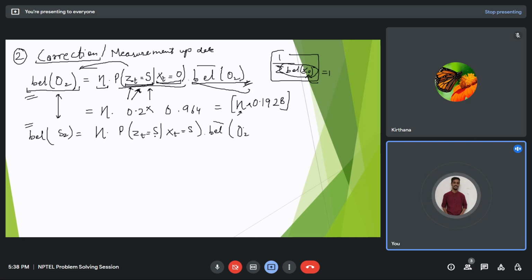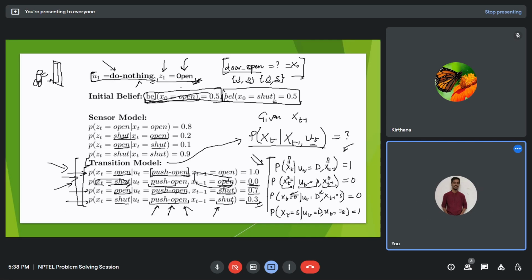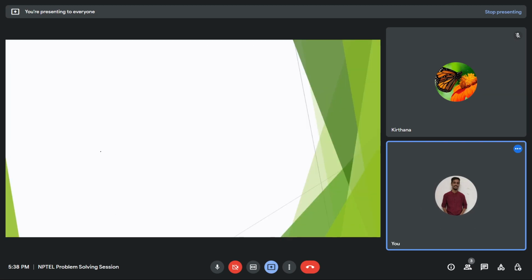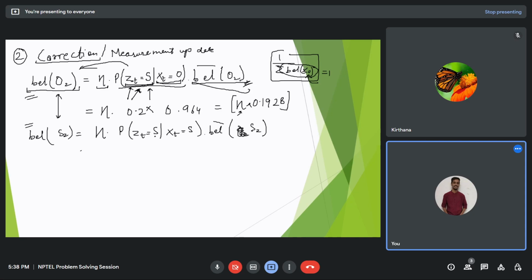It is 0.9, so we are fairly confident, as given in our model, that if the door is shut, there is a very high chance that the sensor will also report that it is shut.